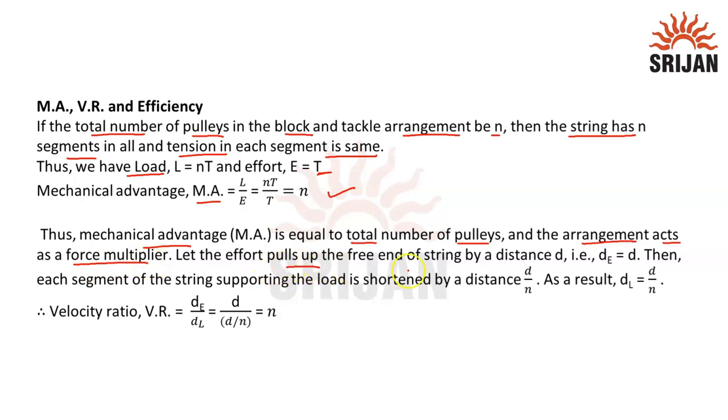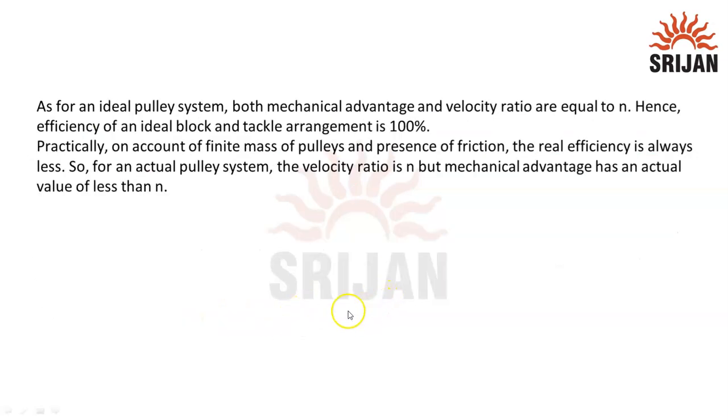Now let the effort pull up the free end of the string by a distance d, that is, d_e equals d. Then each segment of the string supporting the load is shortened by a distance d by n. Hence d_l will be equal to d by n, and if we calculate the velocity ratio, which is the ratio of d_e by d_l, we get the value as n. That is, the velocity ratio is also equal to n.